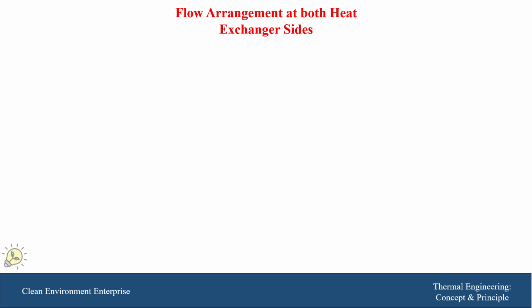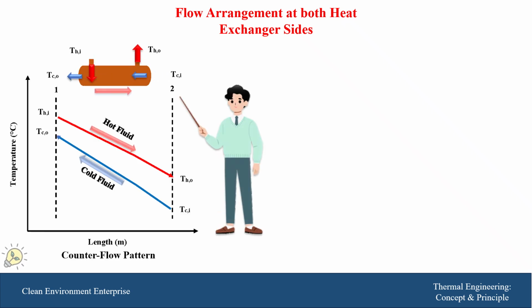The fluid flow arrangement in the heat exchanger, and as we are talking about shell and tube heat exchanger, is the same for other types of heat exchangers. So there are two main types of fluid arrangement in the heat exchanger.